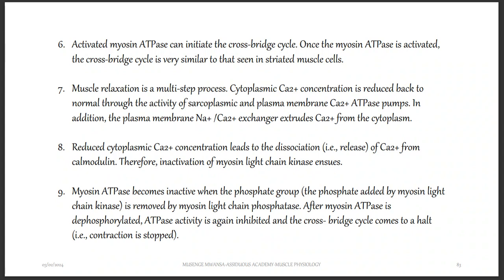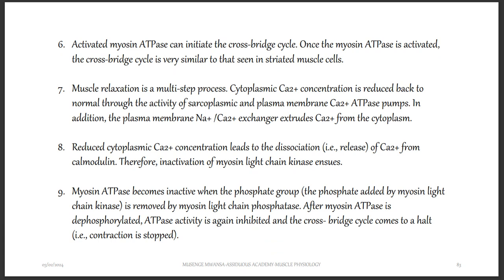Cytoplasmic calcium concentration is going to be reduced back to normal through the activity of the sarcoplasmic and plasma membrane calcium ATPase pump. Apart from that, you also have the plasma membrane sodium calcium exchanger, which will be removing calcium from the cytoplasm while sodium is entering. When there's a reduction of calcium concentration, that is going to lead to dissociation, which is the release of calcium from calmodulin, and inactivation of the myosin light chain kinase.